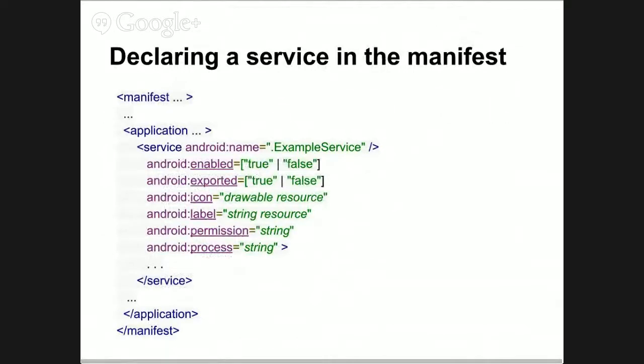You need a service entry that describes the name of the service, so the name of the class, and whether we want to export it or not, and possibly the icon and label of the service, even though I have not seen much use for an icon and a label for a service. Perhaps that's useful when you look at the list of running services, maybe that's where it appears.